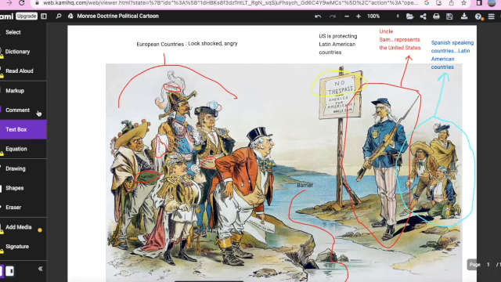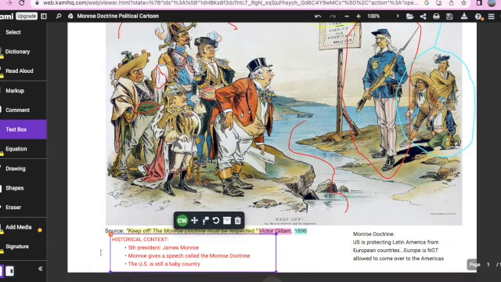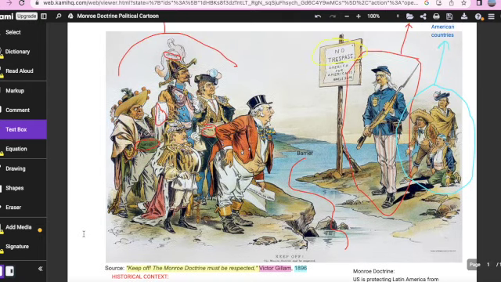And now let me tell you exactly what the Monroe Doctrine is. The Monroe Doctrine was a speech given by James Monroe warning the European countries not to interfere in any affairs in the Western Hemisphere, meaning North America and South America. He's basically telling them to mind their own business.